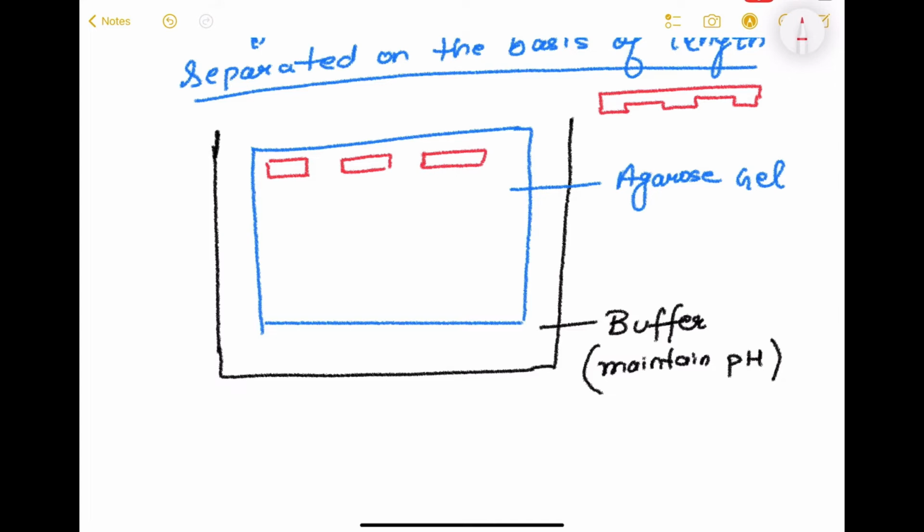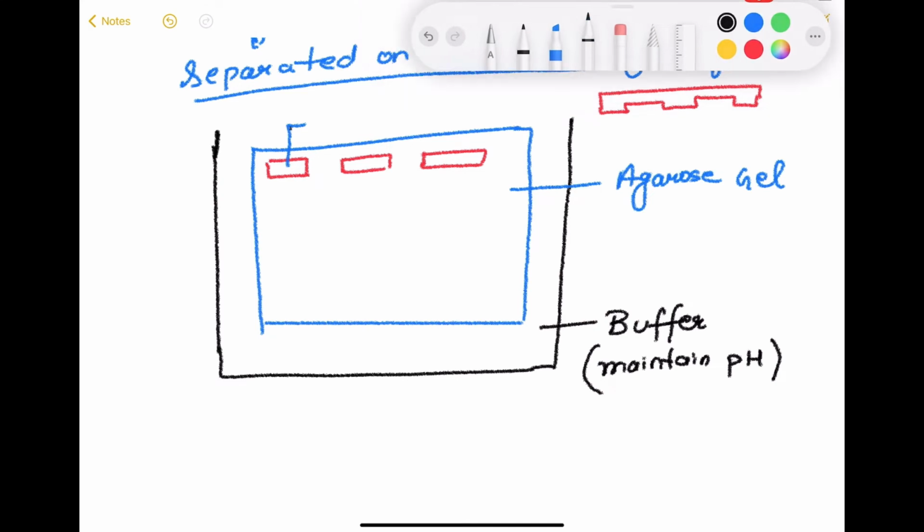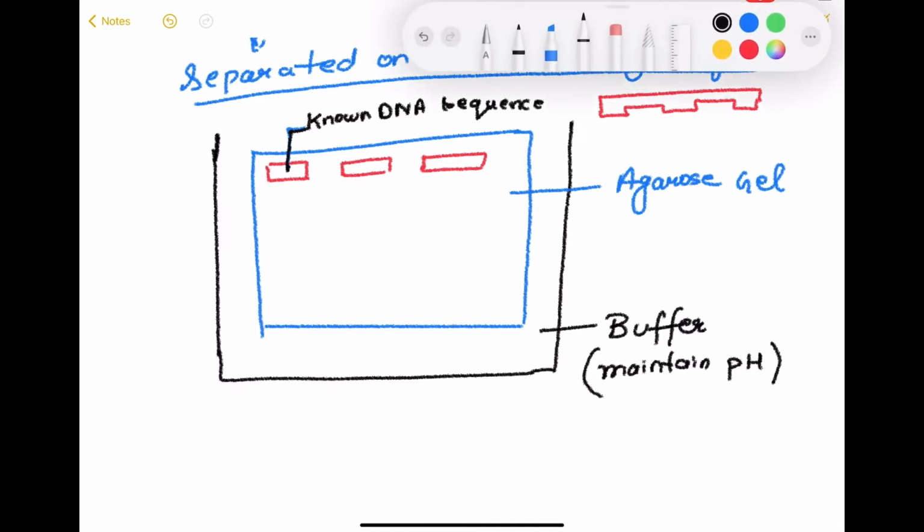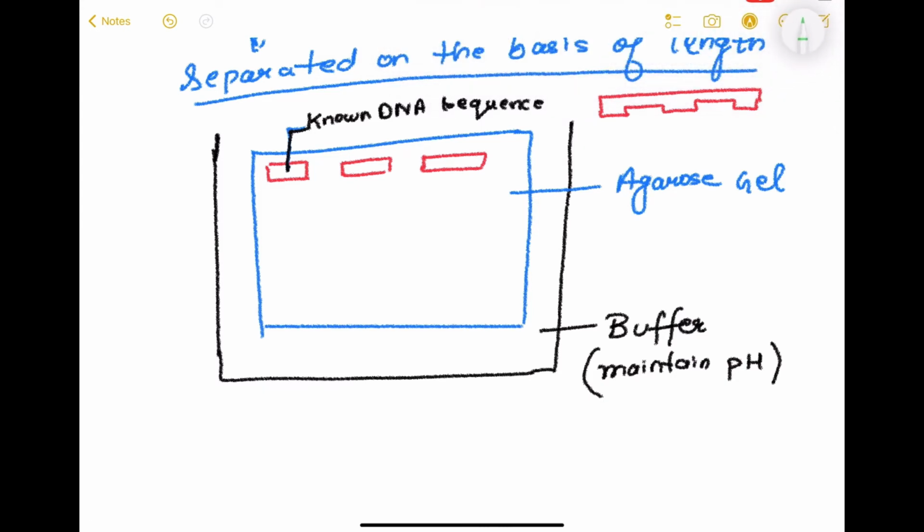In the first groove we place the known DNA, a known length of DNA sequence. In the other two grooves we place DNA of the unknown sequence which we have to study.